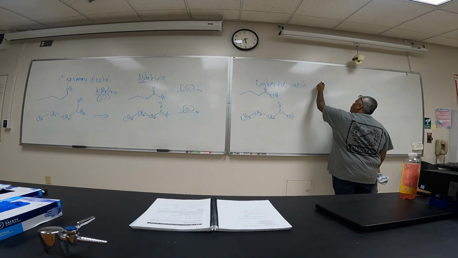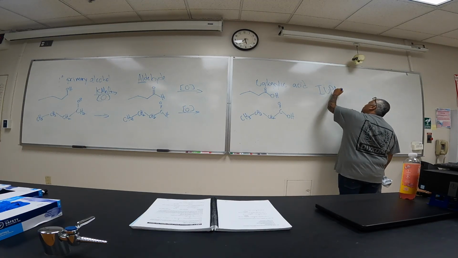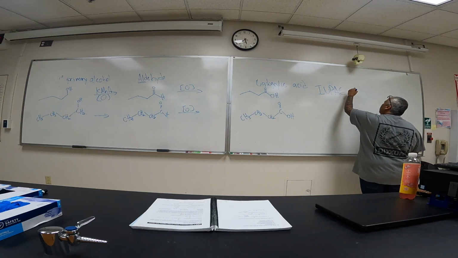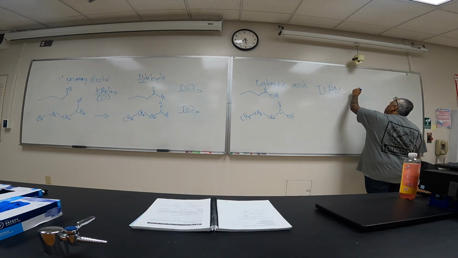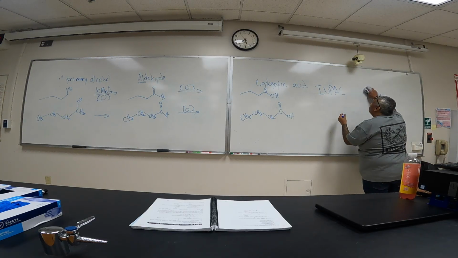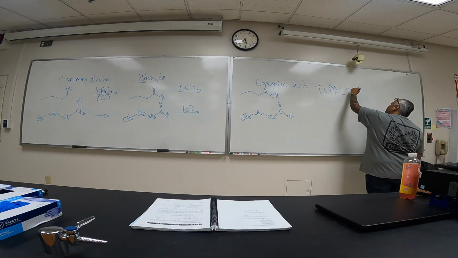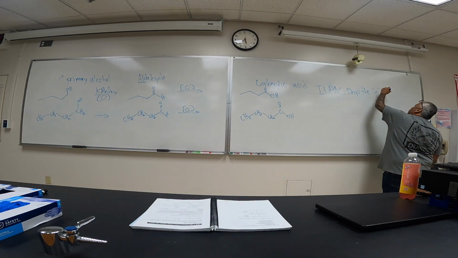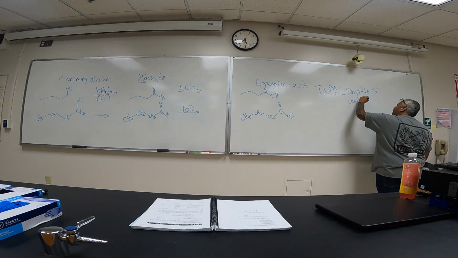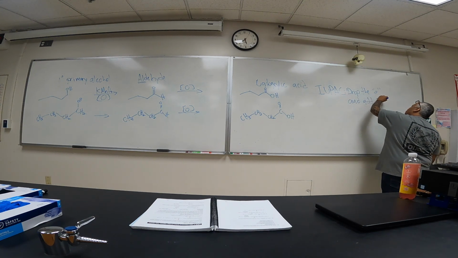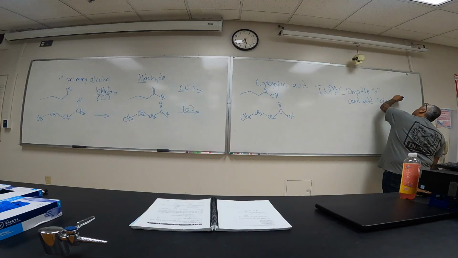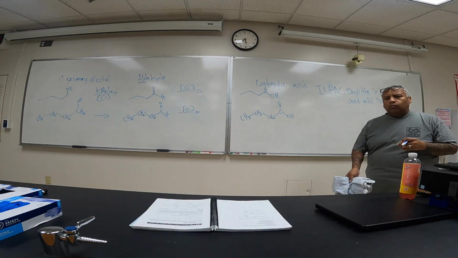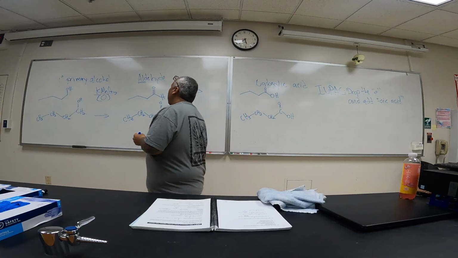I'm going to write something down. When we use IUPAC naming, instead of just remove, I'm going to say drop. So we're going to drop the E and add oic acid. Right, we drop the E, and we add oic acid.